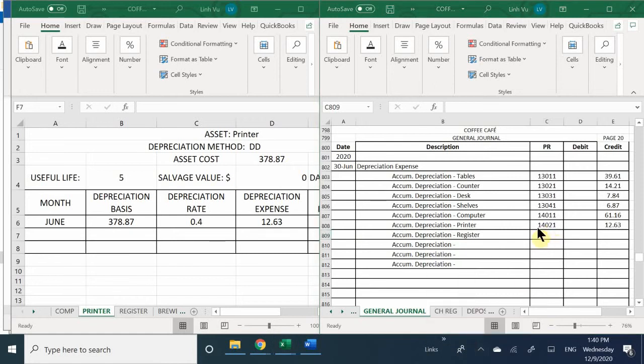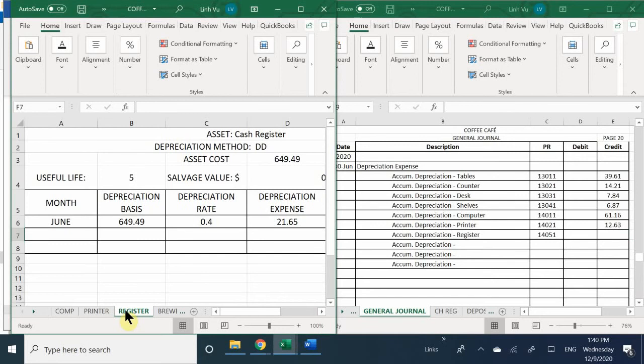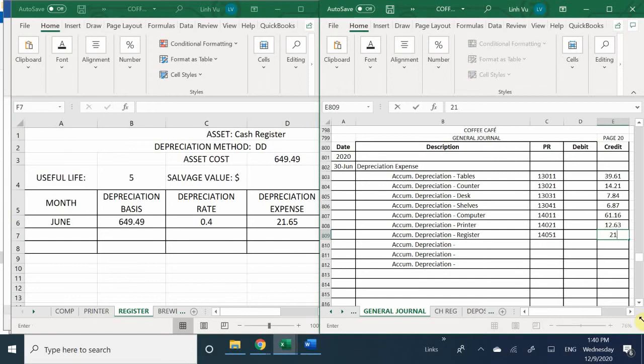Number is 14051. All right, and then let's look at what the register was for. $21.65. 2165. Okay. All right. What is after that? Now we have the equipment, the brewer. Brewer.